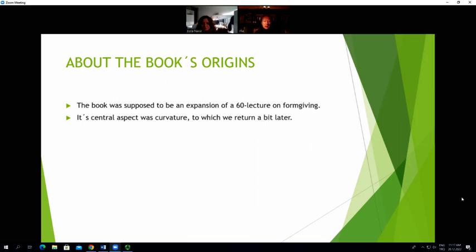So the book is both a development of my original lecture form and line, and it's also intended to be a collection of all the things that I wish I knew when I was a design student, and which I learned rather more slowly and at greater cost as my career proceeded. Let's move on.